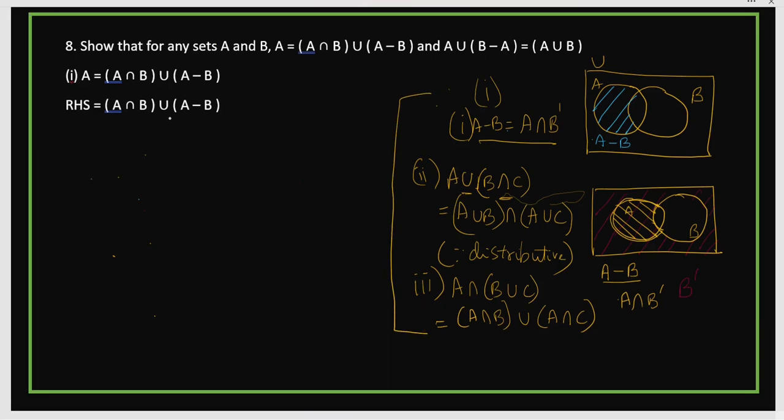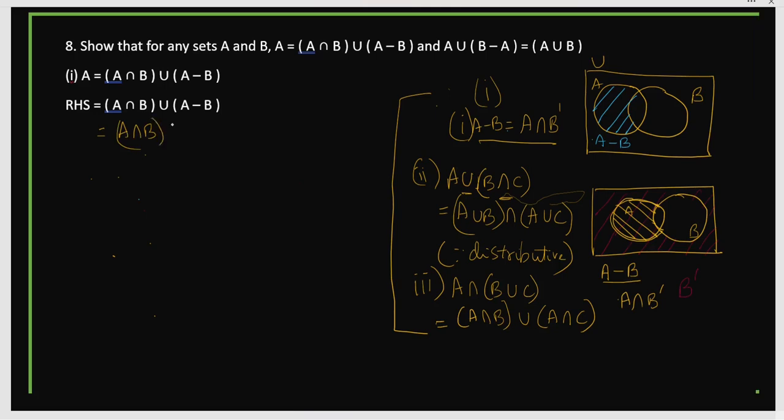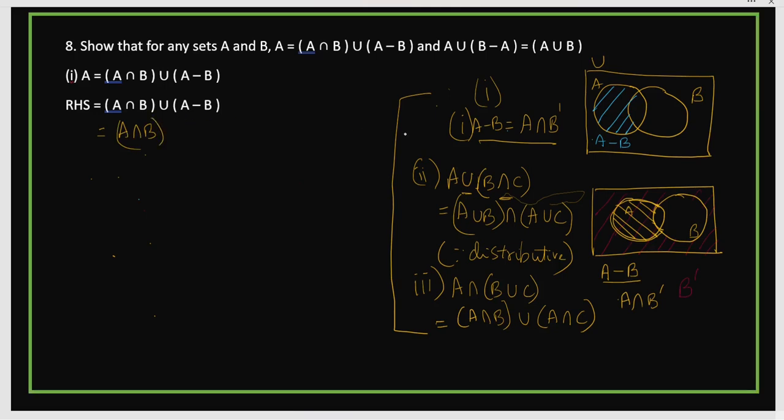Now, what is this? The RHS is A intersection B union A minus B. What is A minus B? We have proved it is A intersection B complement. So we have A intersection B union A intersection B complement.